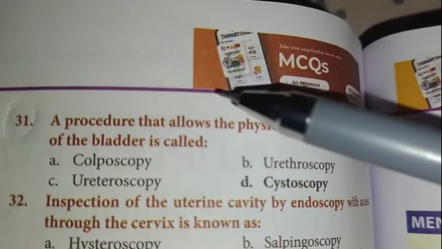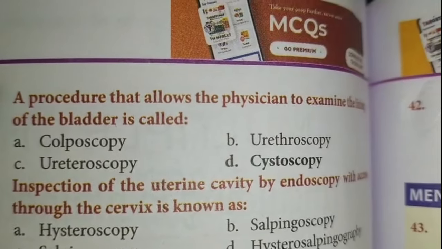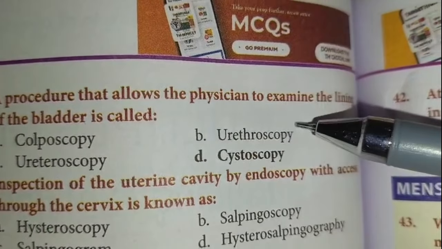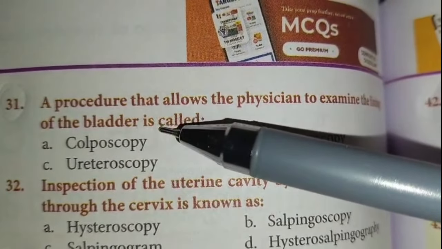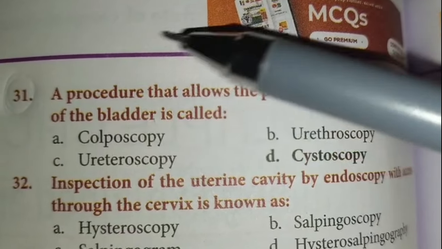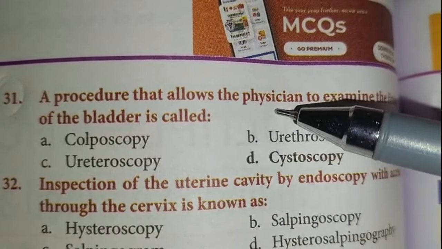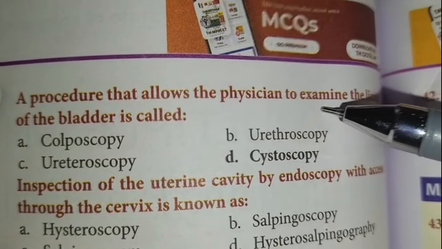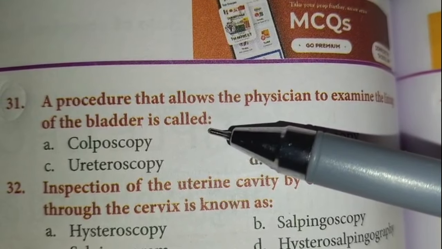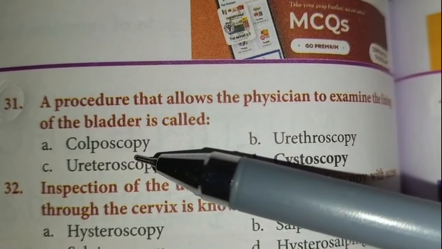And the next important question is, a procedure that allows the physician to examine the lining of the bladder is called. Once again, a procedure that allows the physician to examine the lining of the bladder is called. Option A, colposcopy.